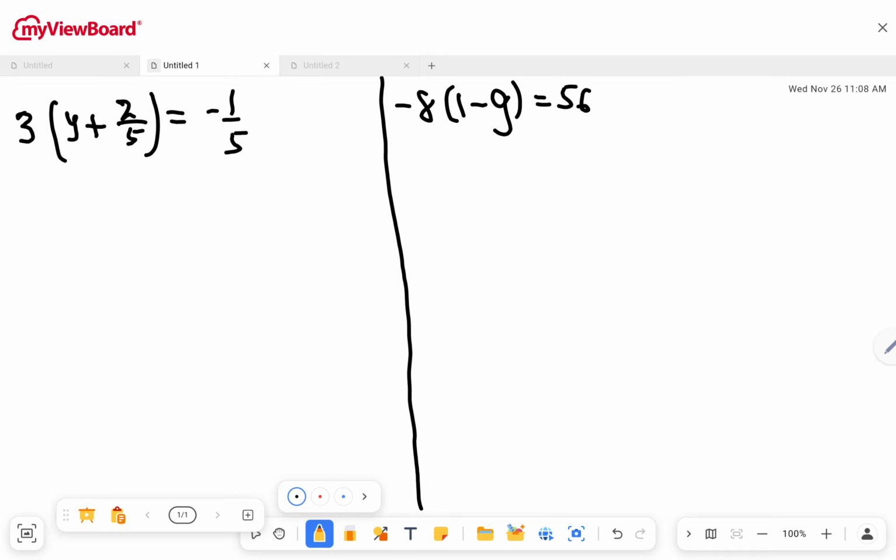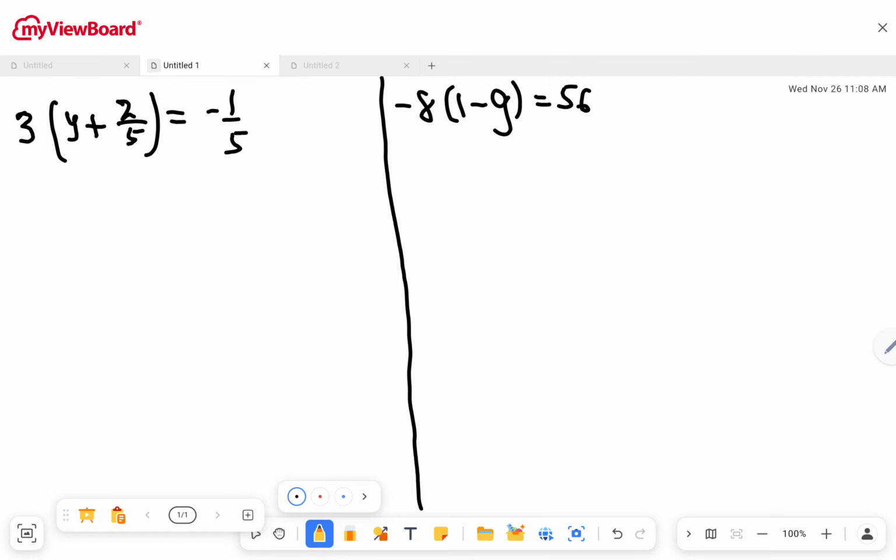In my first video, I made mention that if you do not have any parenthesis or bracket, but for this video, we have parenthesis. So whenever you have parenthesis and there's something outside multiplying it, we must always make sure we expand the bracket, or we multiply the number outside by whatever is in the parenthesis or bracket, so that the parenthesis will be taken away or we will not see the parenthesis again, so that we can continue with the work.